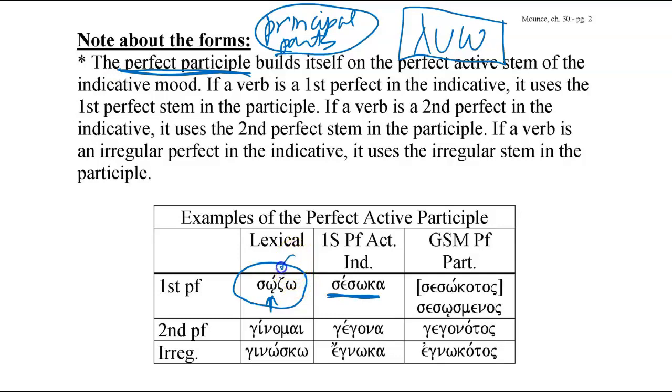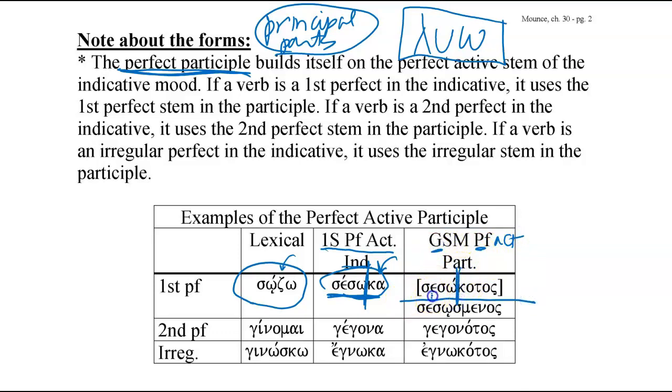It has dropped the dental, and so if the first person perfect active indicative, the principal part, is sesoka, where the stem says so, and the ka here is the suffix you attach, then the perfect active participle, and I'll just use the genitive form here, is going to be seso.